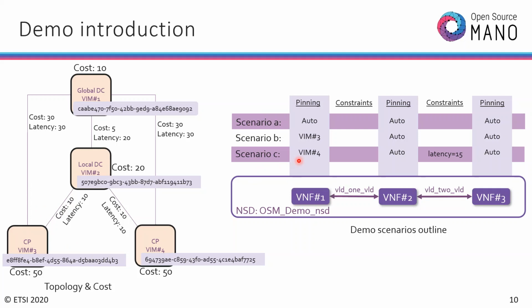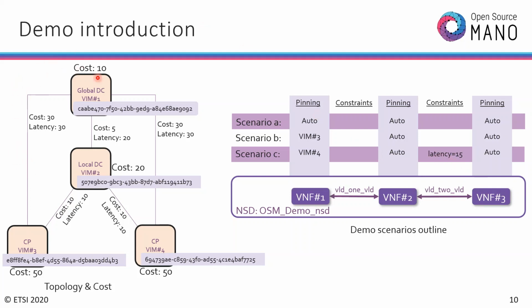And in the third scenario, we pin a VNF to another location, following the model we saw earlier. And then we also put an additional requirement that the link between VNF2 and VNF3 must fulfill these latency requirements.